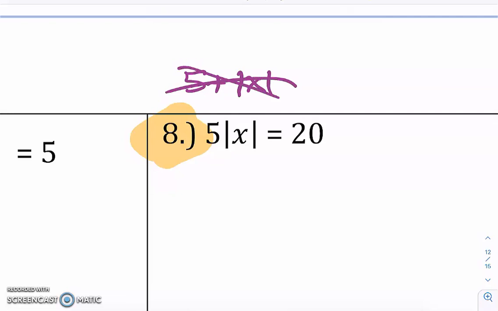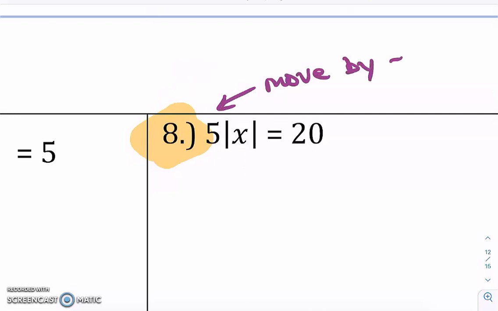So these are not parentheses. We don't want to distribute the 5 in there. We want to move it by dividing. If it's right up against, it's really multiplying together. So we need to divide by 5, and then that will go away.